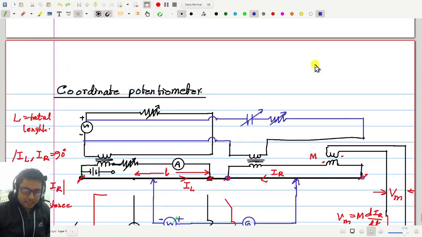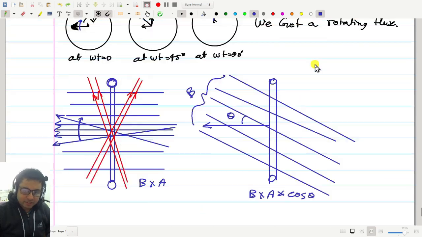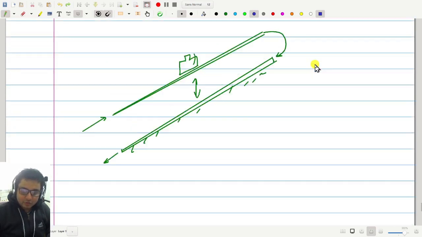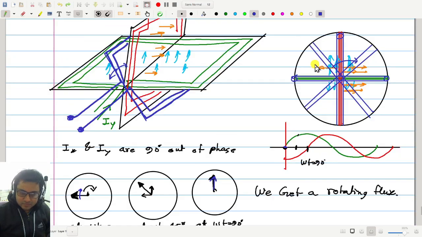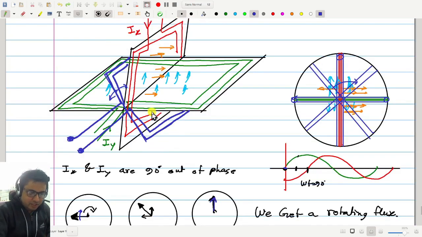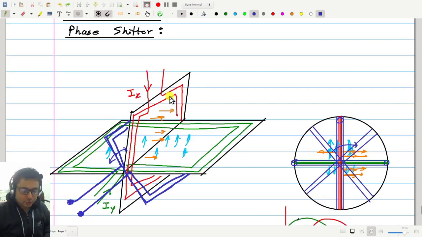Okay, in our last class I forgot to do one small thing, so let me do that quickly. In this context I said that I will mathematically show that these two horizontal and vertical coils create a rotating magnetic field. I told that intuitively, but I forgot to do it mathematically.